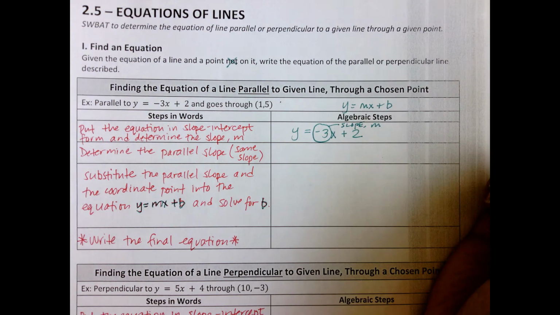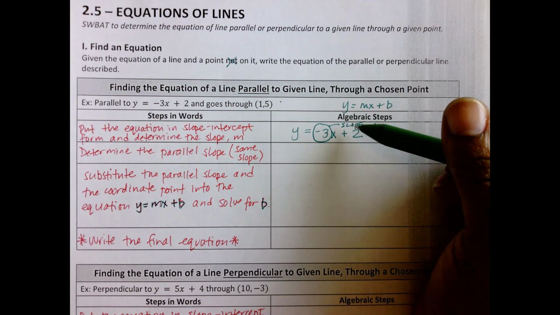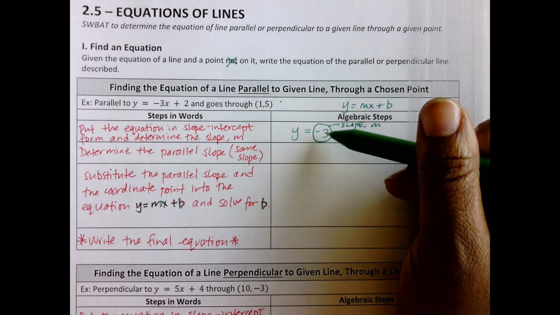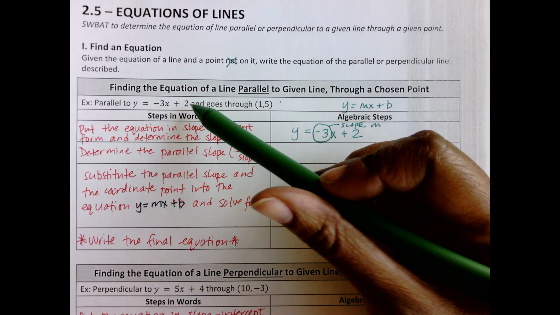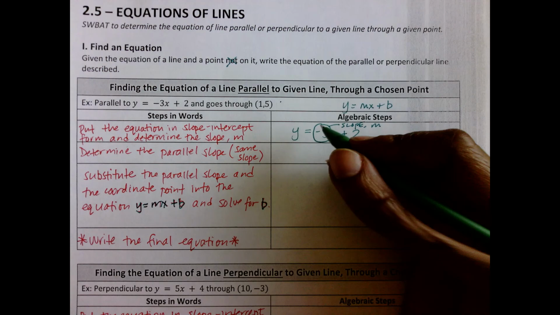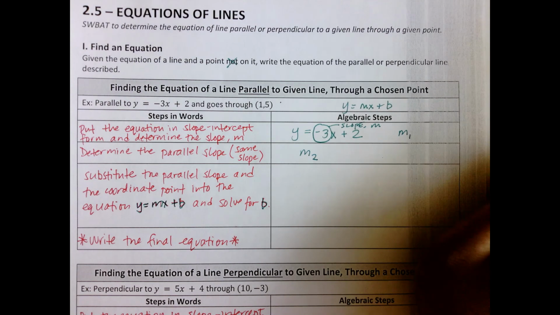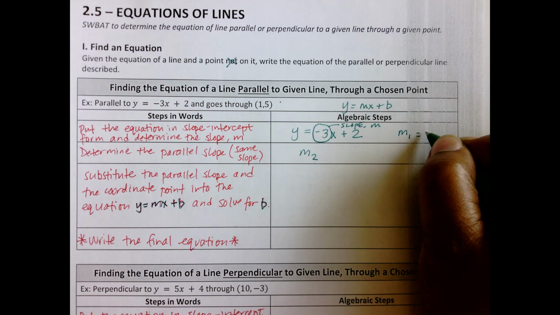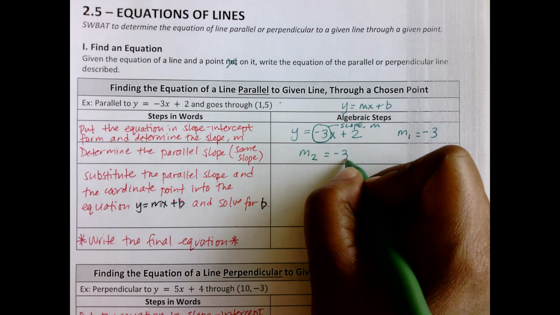Because parallel lines have the same slope, the slope of my new line is going to be negative 3. The slope of the first line is negative 3. Therefore, the slope of the second line is also negative 3.